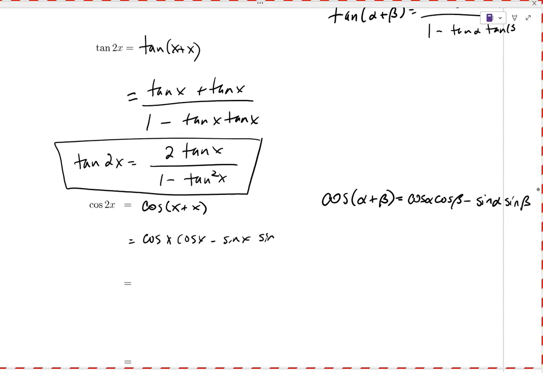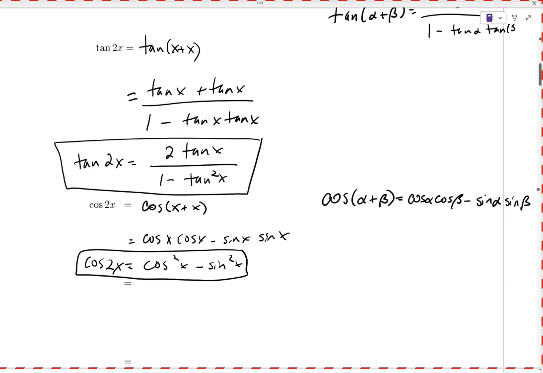And then if we clean that up a little bit, we get cosine squared x minus sine squared x. So that's one form of cosine 2x. Notice it looks a little bit like our Pythagorean identity, doesn't it? It's a minus in the middle rather than a plus, right?